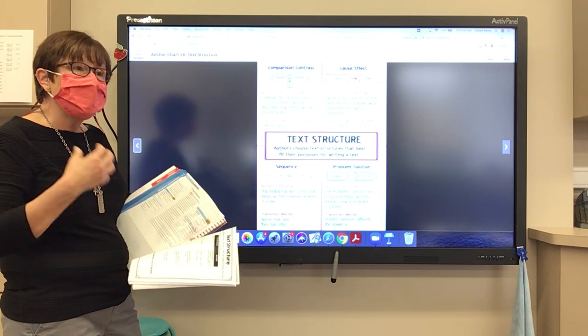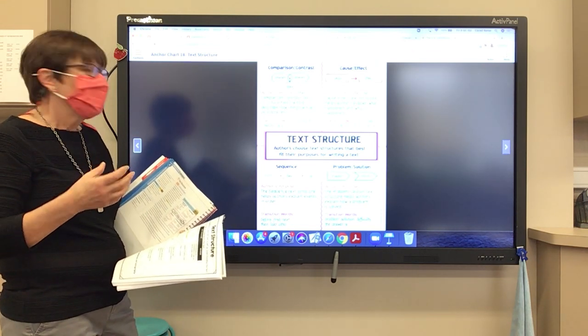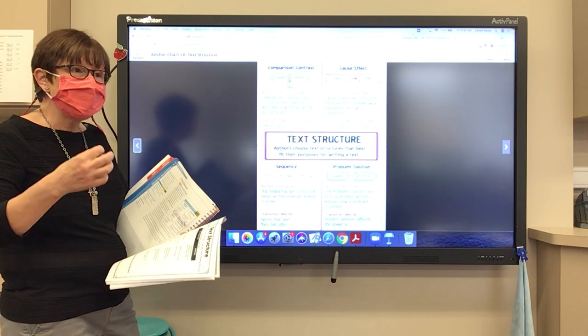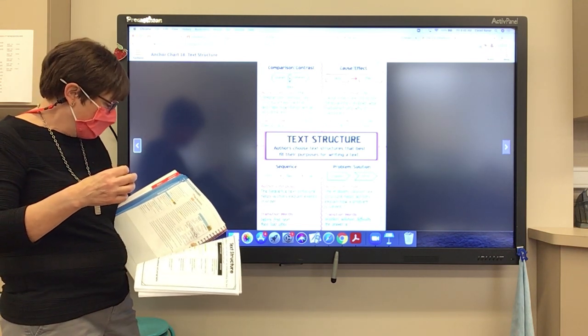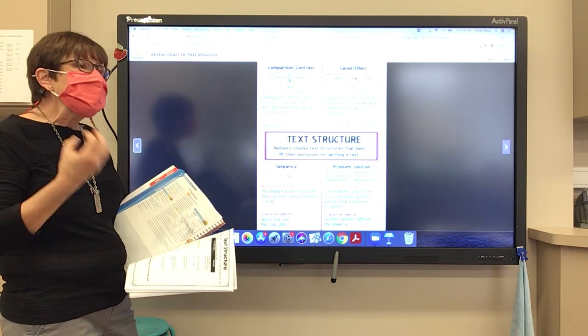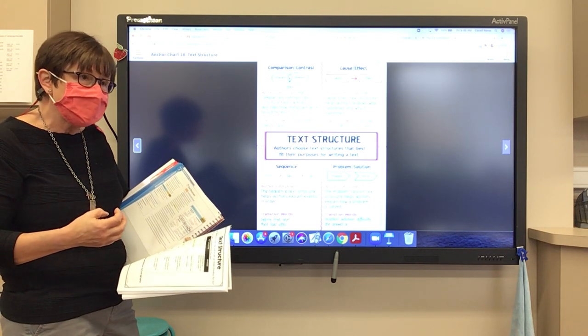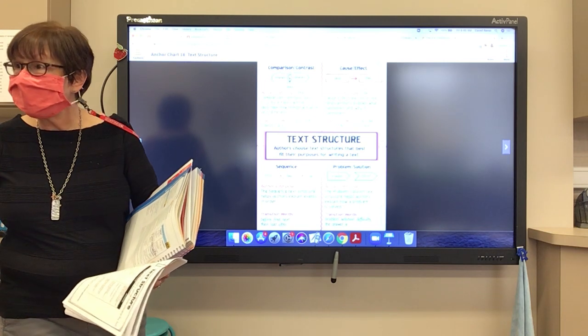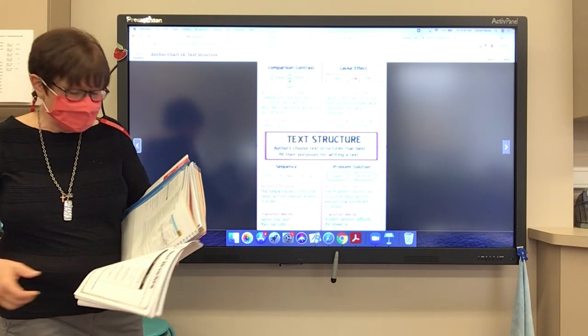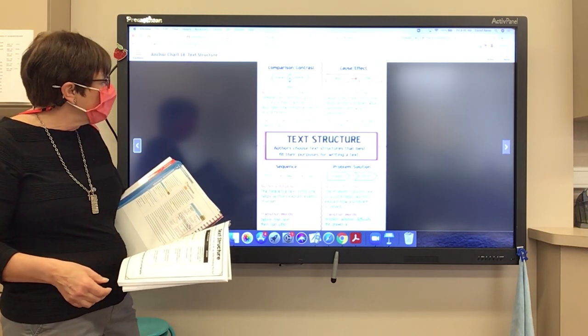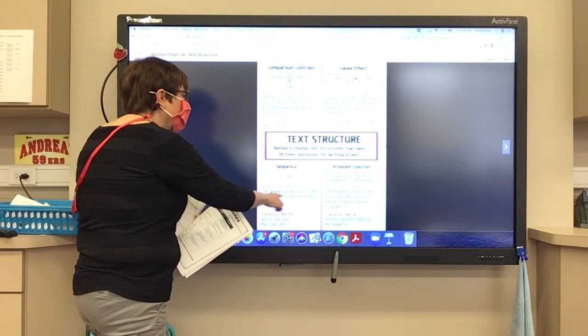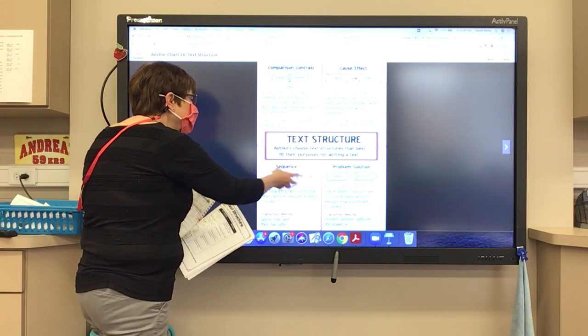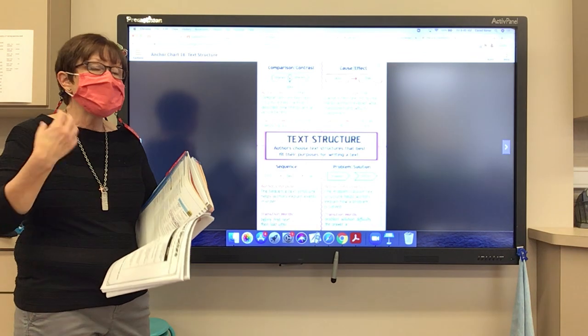Dates are also in sequence, so you know the time something happened, the date something happened. We also have the times, so dates and times.